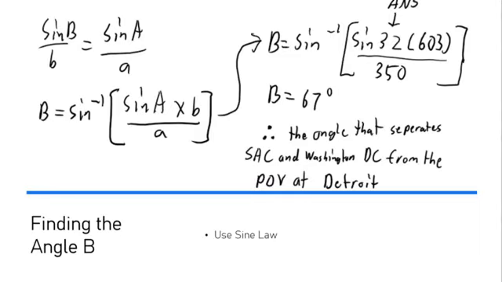To find angle B, I used sine law. Because I was finding the angle, I put the side length on the bottom because you could not isolate a variable in the denominator spot.